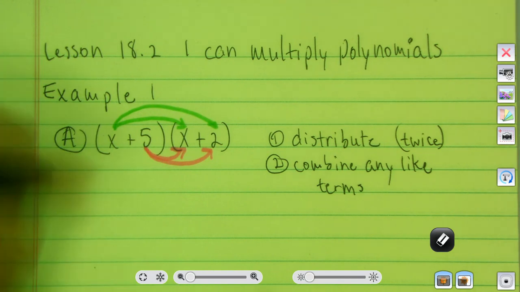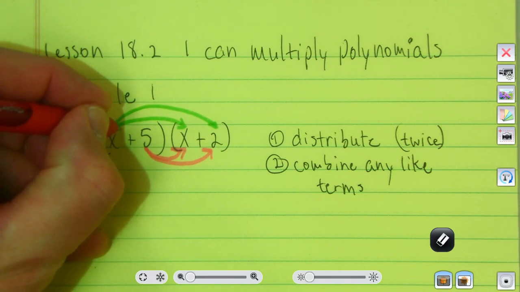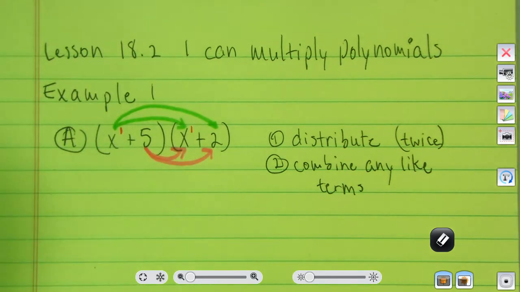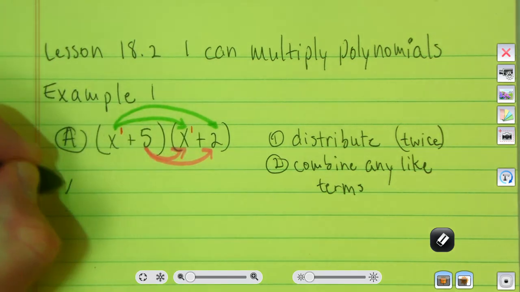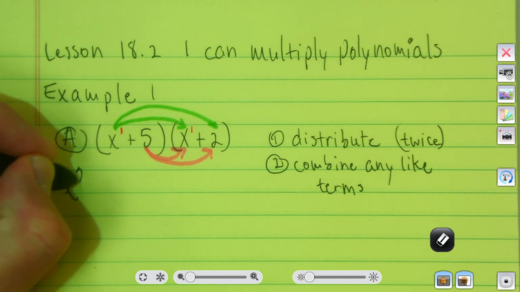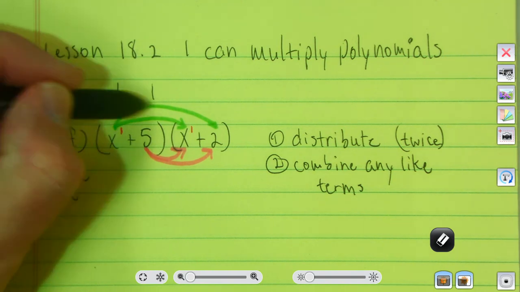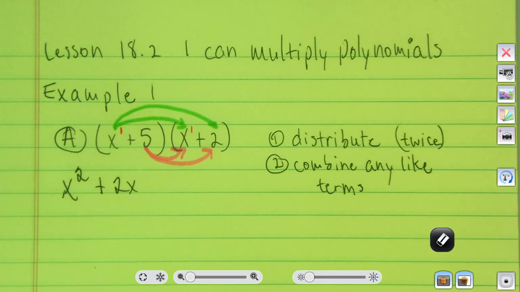So when I do that, we remember that if I don't write an exponent down, it's still there. And so this is x times x, or x to the first times x to the first. So I've got to add those two ones. It'll be x squared. Then I'll multiply x times the 2, and I'll get plus positive 2x.